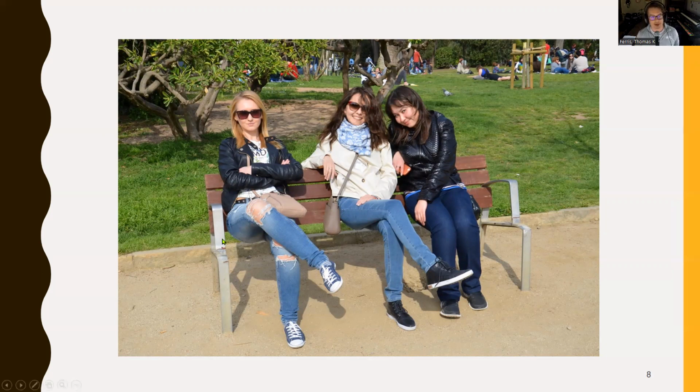You'll note now that I am drawing a line on the non-existent, I guess, seat bench here. So these three young ladies are doing a bit of a trick, but the reason maybe you didn't notice this at all, or maybe it took you longer than you would have expected to notice this, has a lot to do with the fact that, number one, you're not looking for something that is there.